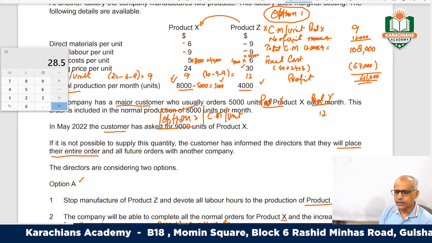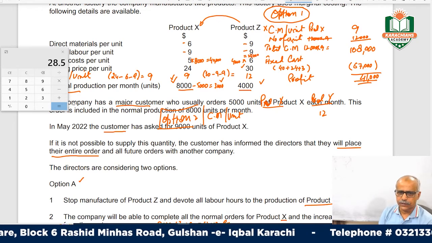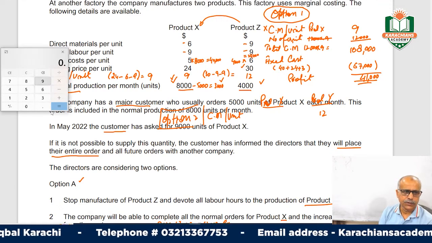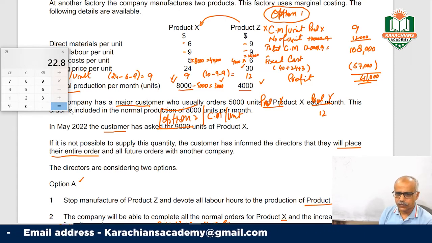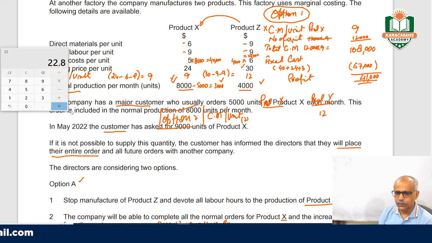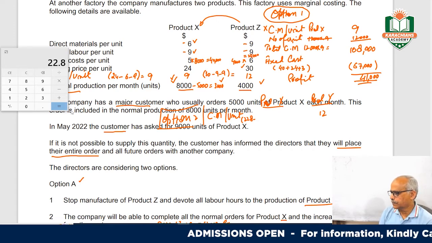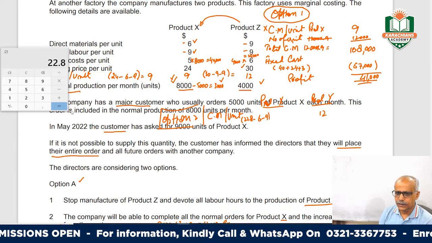The price is 24, and they are asking to reduce it by 5%. So 95% will be 22.8, minus 6 and minus 9.